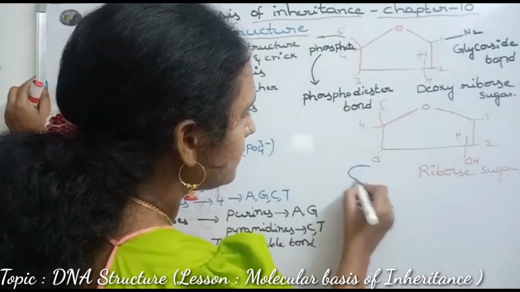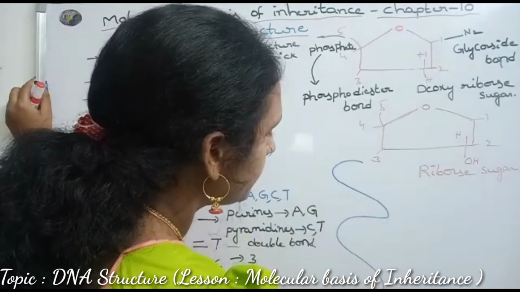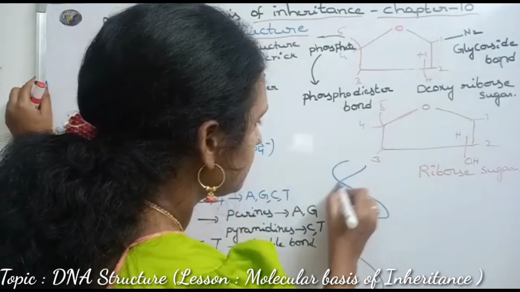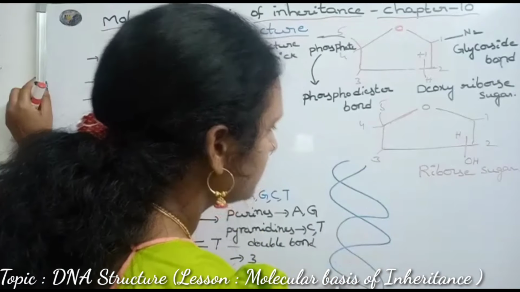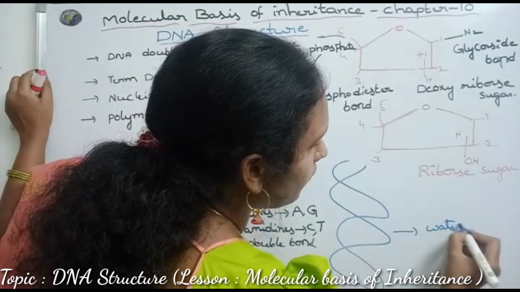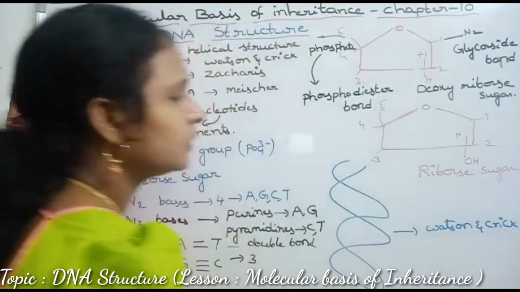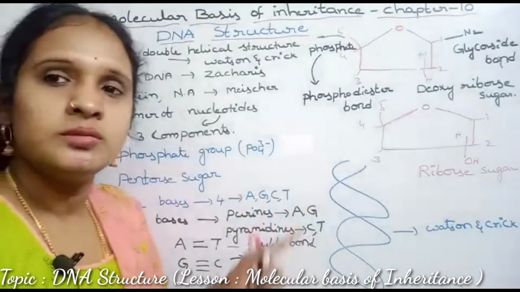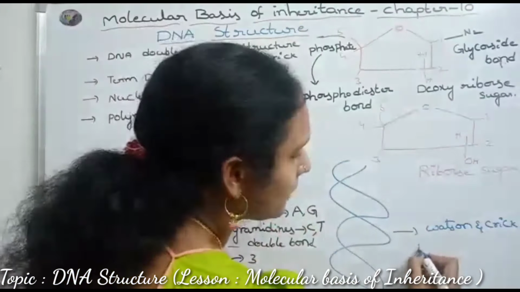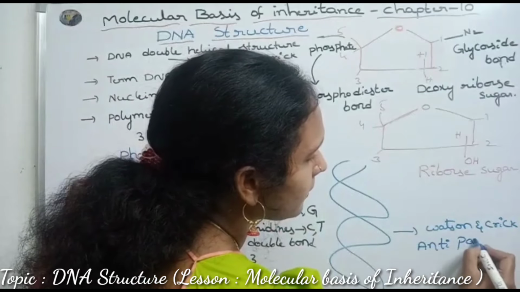DNA is a double helical structure proposed by Watson and Crick. The two strands are anti-parallel.